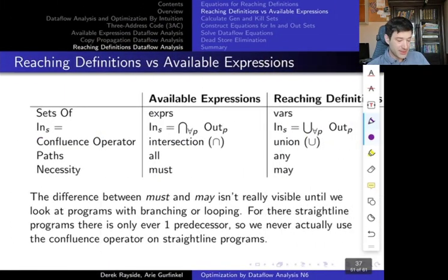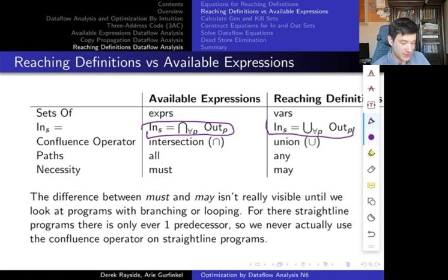Now, there's a big difference here between available expressions and reaching definitions, which is in how things are aggregated, union versus intersection. And this has a lot of repercussions, but let's first think about the intuition. For available expressions, what we're trying to do is find common subexpressions that we can eliminate.